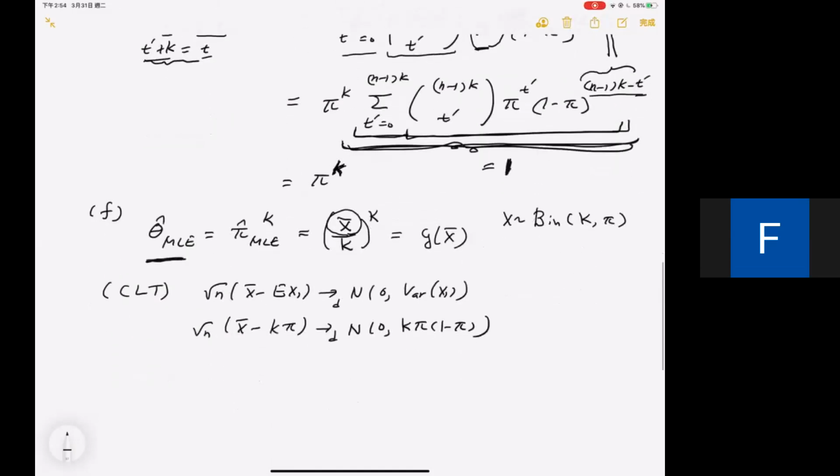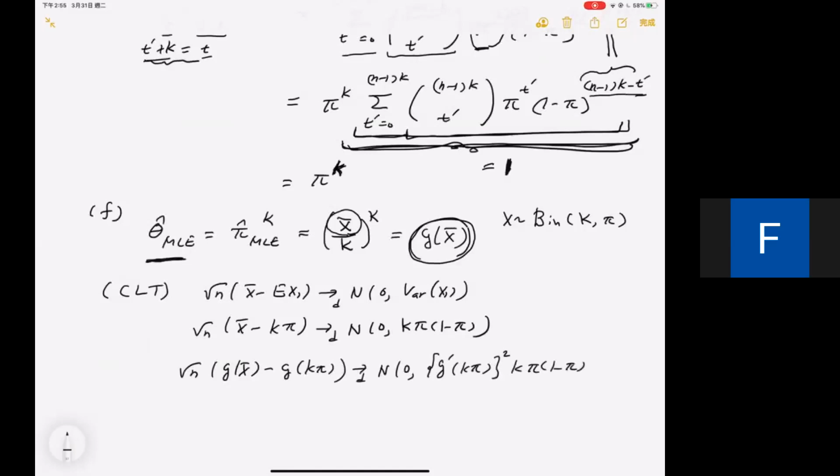Then right now, you see, I write the g function purposely. Here it is g of x bar, because theta hat MLE, minus g of pi k, becomes something that goes in distribution to a normal 0, and then what method are you going to use? The delta method. So that means g prime of k pi, taking the square, times the variance of the original one for x bar.